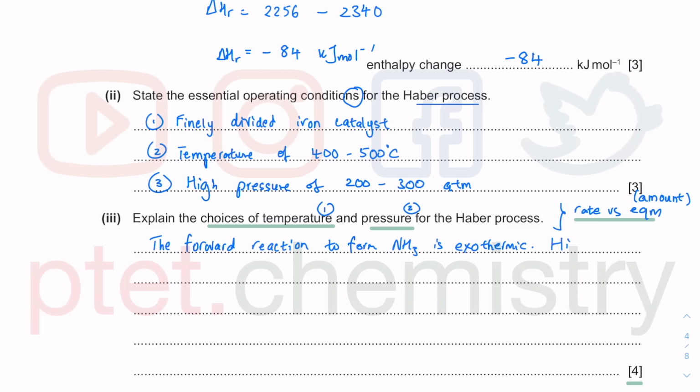So high temperature, when you increase temperature, what would the equilibrium try to do? High temperature means the system will try to lower the temperature, will want to decrease temperature, but you only know how to release heat because that's what you do in the forward reaction, releasing heat energy.